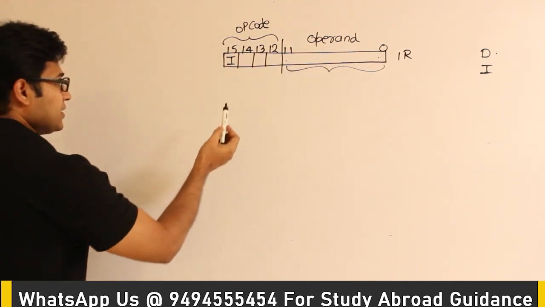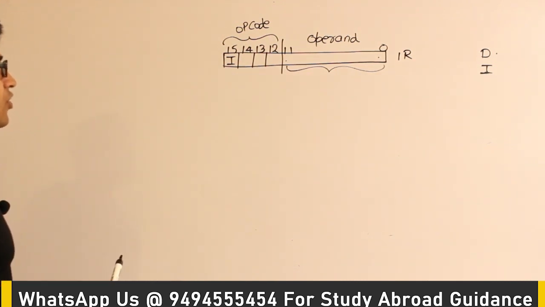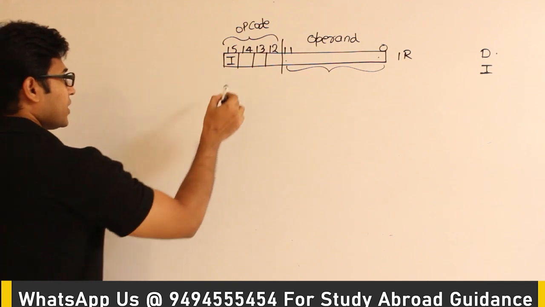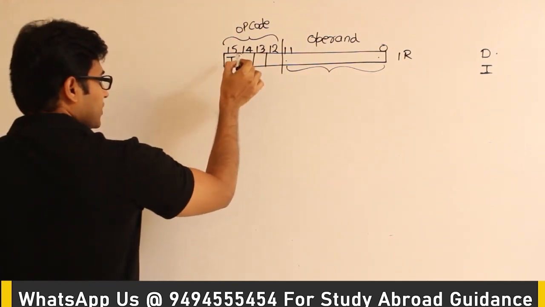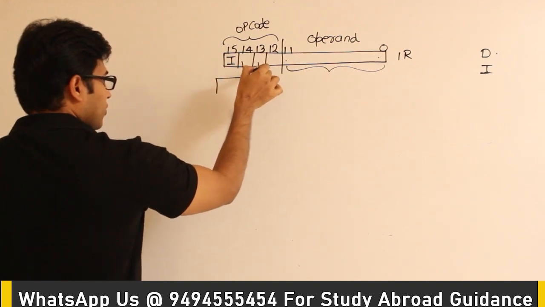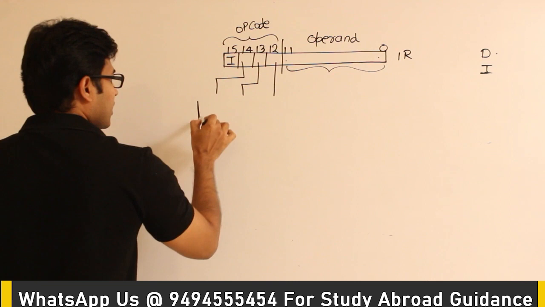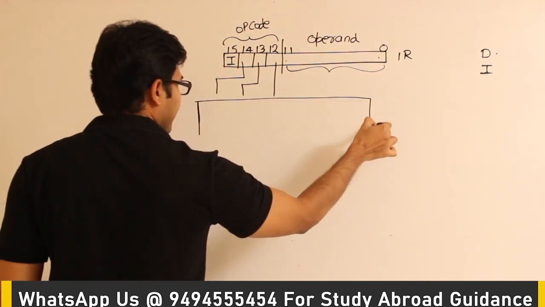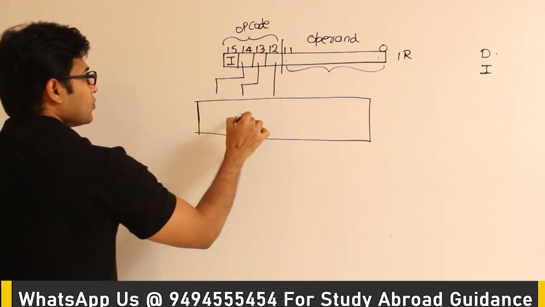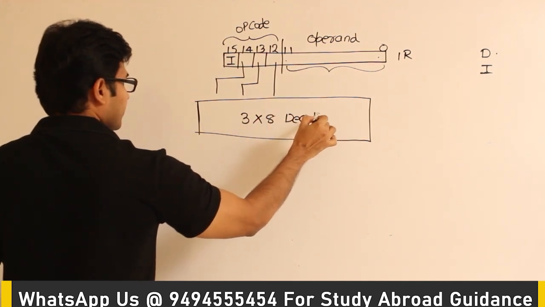And now the remaining 3 bits are going to give us what type of operation it is. We shall see the types of operations later. Here let's see how to decode it. Now these 3 bits are going to form inputs to a 3/8 decoder.